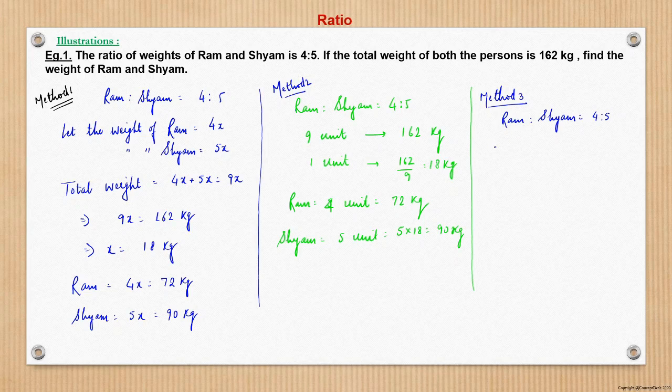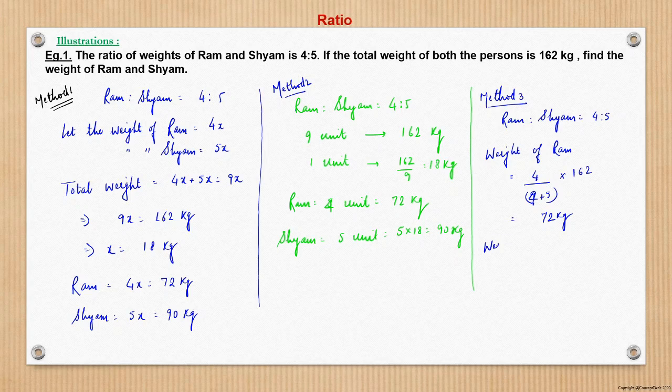So if we have to find the weight of Ram, just a way of writing, the weight of Ram will be nothing but 4 by total 4 plus 5, which is 4 by 9, into 162 kg. That is, out of the 9, 4 fraction is Ram's weight, and that is of 162 kg. So the total here will be 72. Just a variation of method 2, but another way of looking at the question directly.